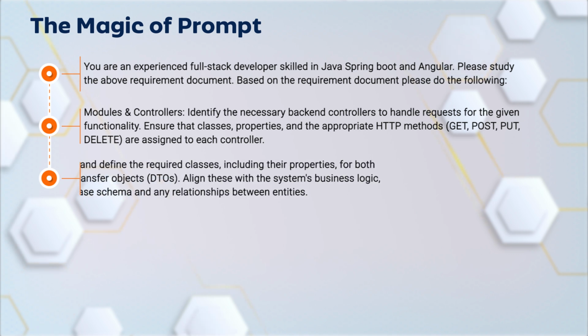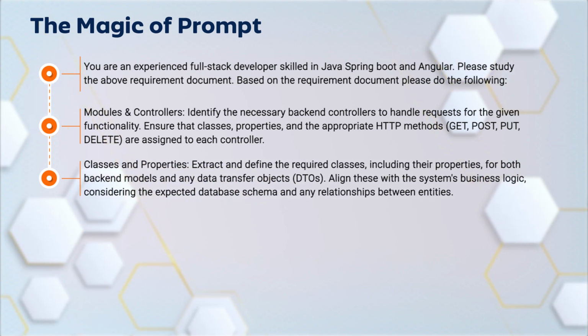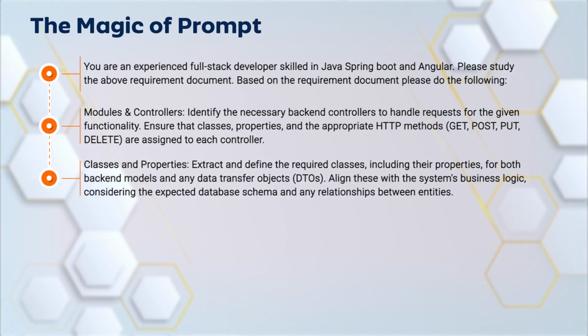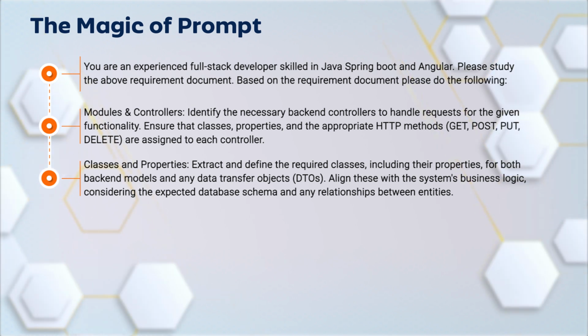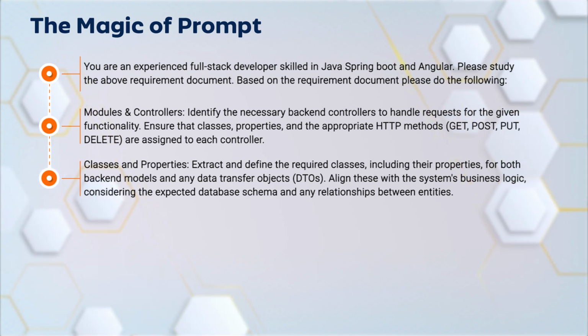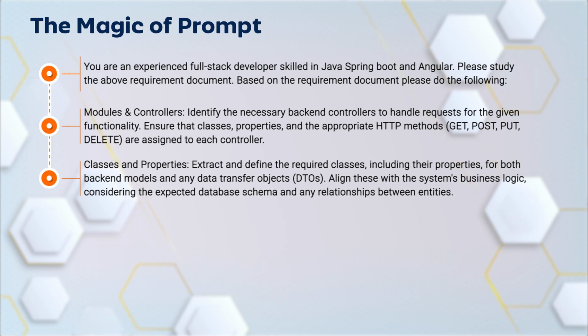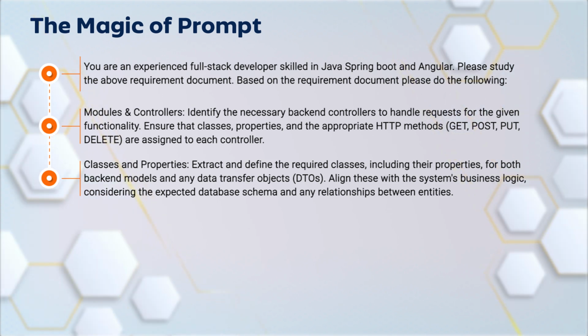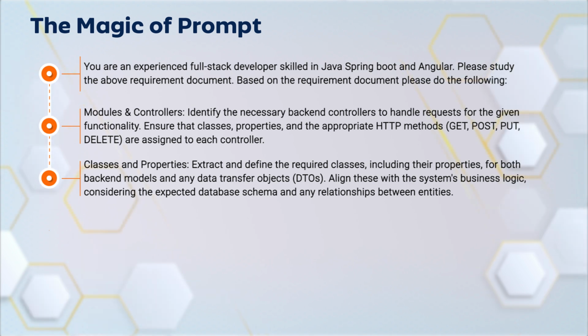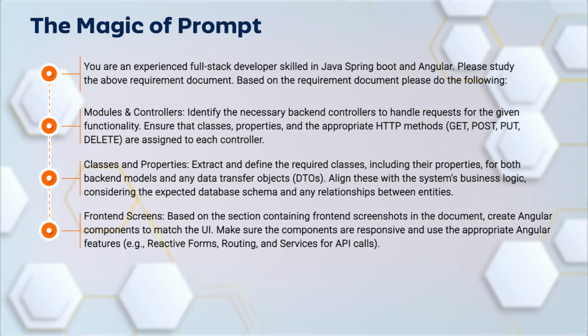Classes and properties. Extract and define the required classes, including their properties, for both backend models and any data transfer objects. Align this with the system's business logic, considering the expected database schema and any relationship between entities. Front-end screens.